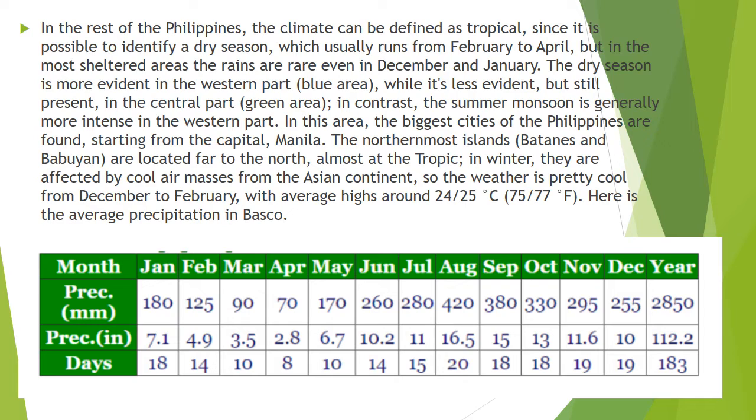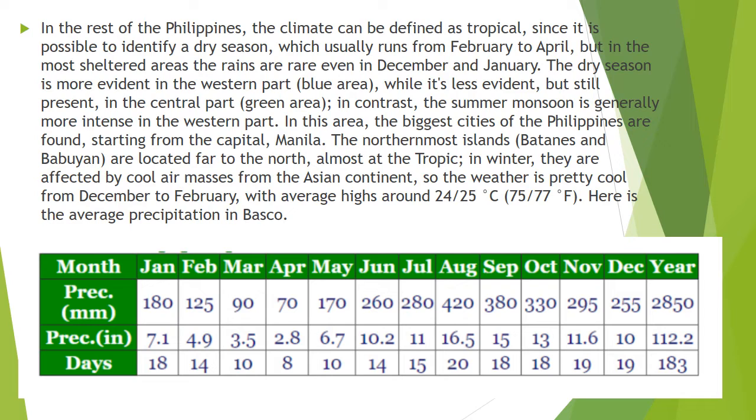So here is the average precipitation in Basco. So we have here the table, the same with Legazpi a while ago. So from precipitation in January 180, 125 in February, 90 in March, 70 in April, 170 in May, and so on and so forth.